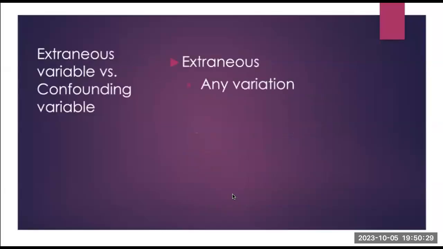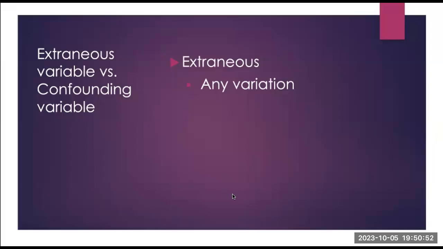Let's talk about extraneous variables and confounding variables. An extraneous variable is anything that changes and exists in the environment. If we're talking about drinking caffeine and cognitive performance, what can an extraneous variable be?